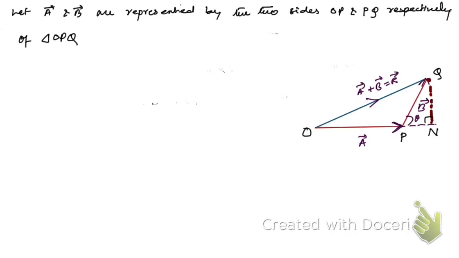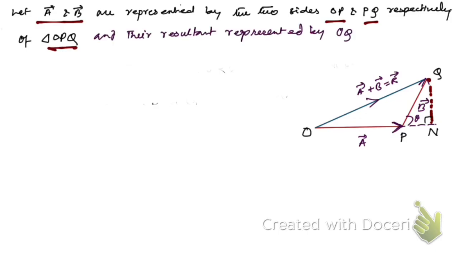Now let me consider that two vectors A and B are represented by two sides of a triangle. Here I have considered that these two vectors A and B are represented by OP and PQ respectively of triangle OPQ. And the resultant vector R, which is equal to vector A plus vector B, is represented by the side OQ.